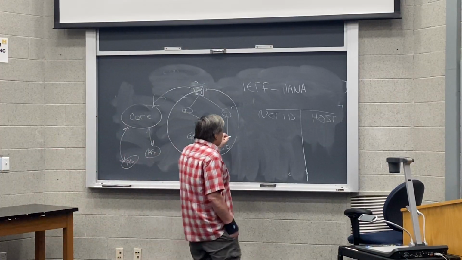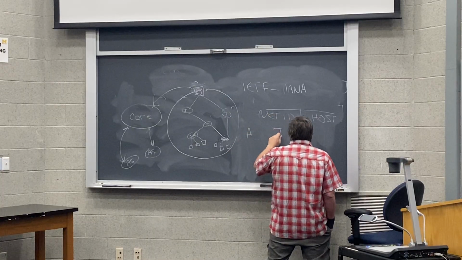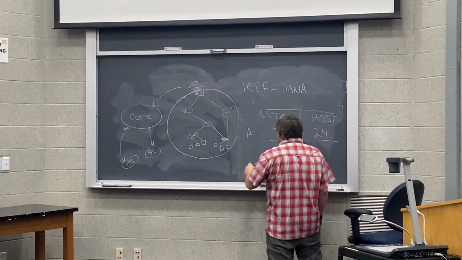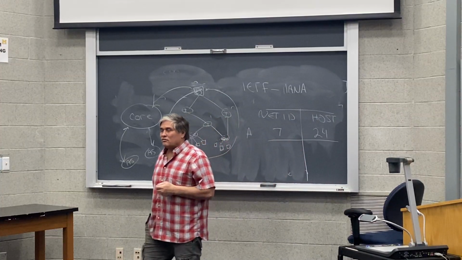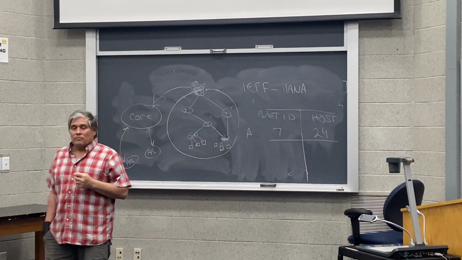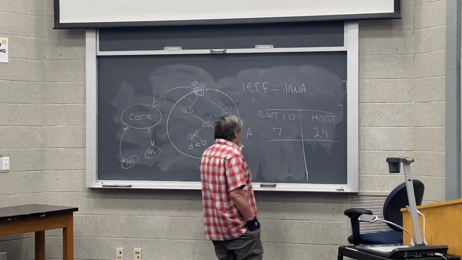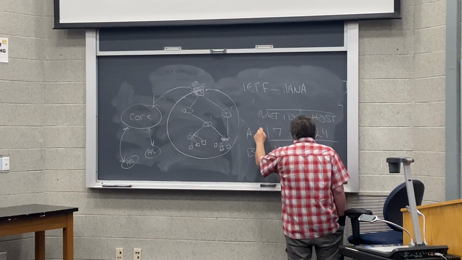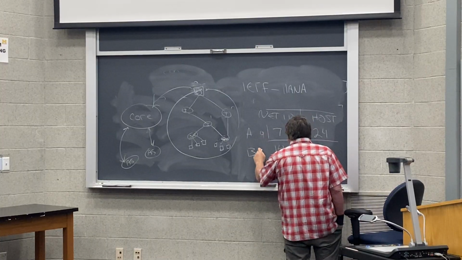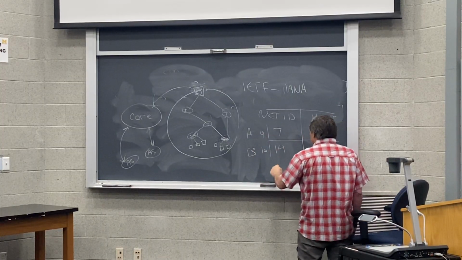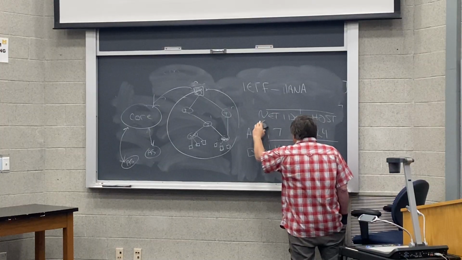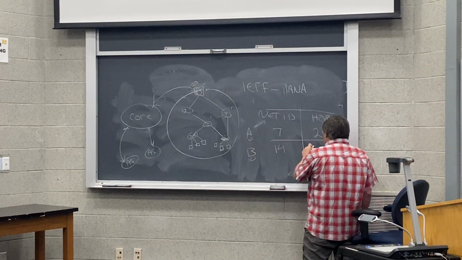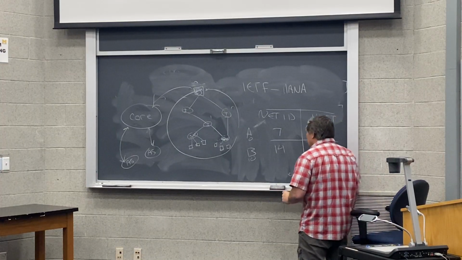If you have a Class A network, you have a 7-bit network ID and a 24-bit host ID. Those are large networks, and there are only 127 of them out there. If you have a Class B network, you have a 14-bit network ID, prefaced by a 1, 0, and a 16-bit host identifier.